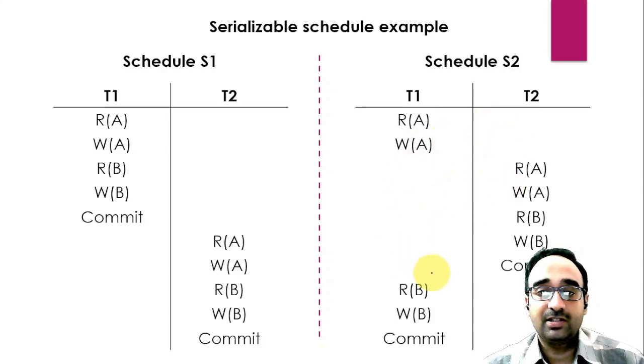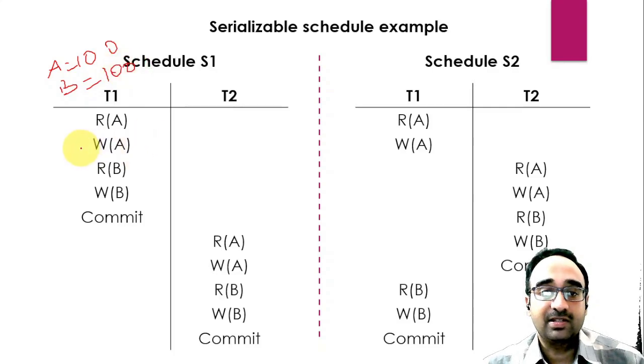Now if you see this, the result of both S2 and S1 over objects A and B will be the same. Take some initial values, A equal to 100, B equal to 100.